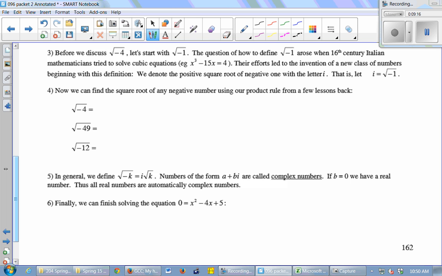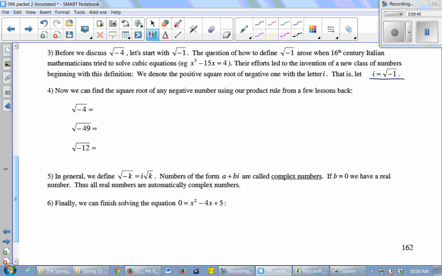Their efforts in trying to solve that led to this whole new class of numbers beginning with this definition. We are going to let the positive square root of negative 1 be denoted with the letter i. So whenever you're trying to take the square root of the number negative 1, we're going to call that i. It's just a new symbol representing the square root of negative 1.